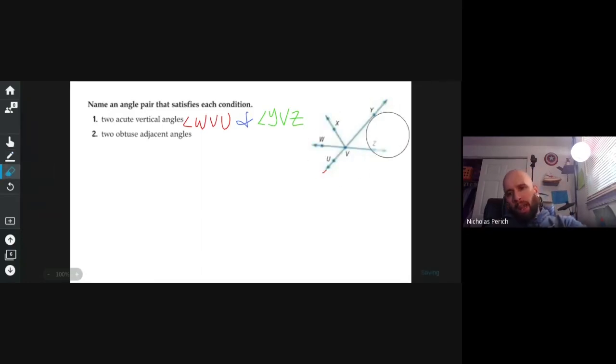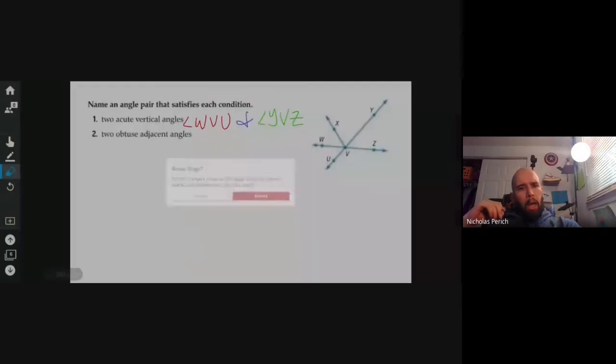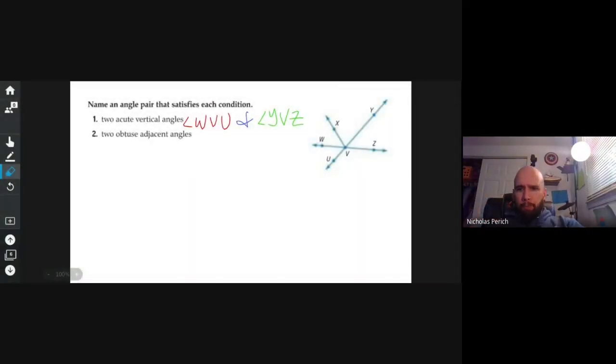Now I need to label two adjacent angles, and we have a ton of options here. It may not be as obvious, but we have several options. So I'm going to pick one. U, V. Yeah, that looks obtuse. It looks like it's a little greater than 90. UVW.